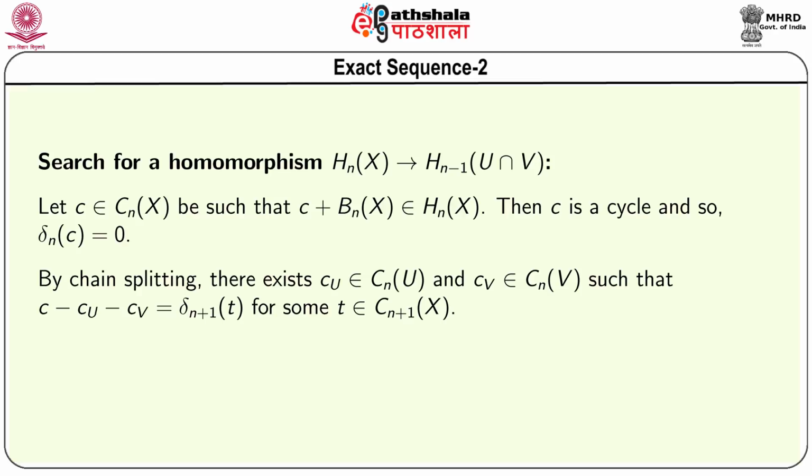By chain splitting, there exist c_u in C_n(U) and c_v in C_n(V) such that c - c_u - c_v is equal to ∂_{n+1}(t) for some t belonging to C_{n+1}(X). So, ∂_n(c - c_u - c_v) is equal to ∂_n ∂_{n+1}(t), and that is equal to 0.